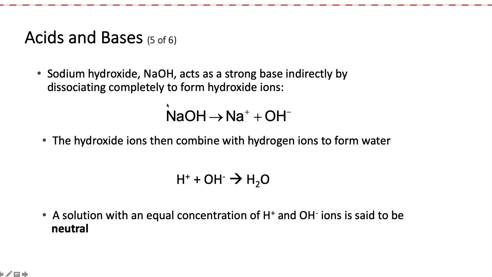So they're going to pull those protons out of that water, and that's what makes it a base, the presence of those hydroxide ions. If you have an equal number of protons and hydroxides, you have a neutral solution.